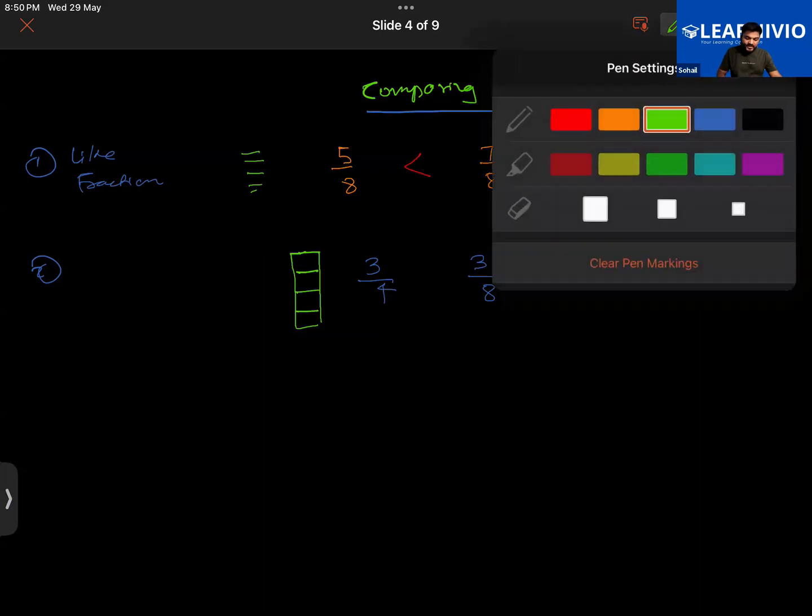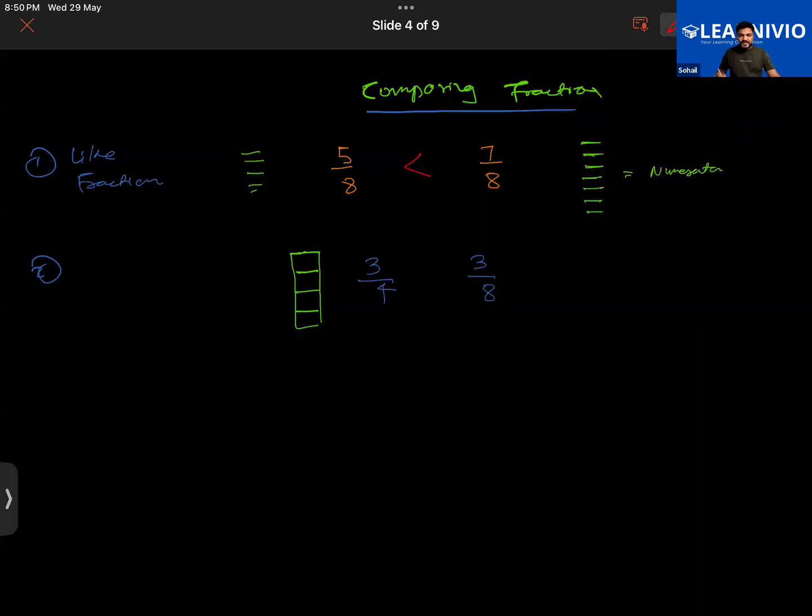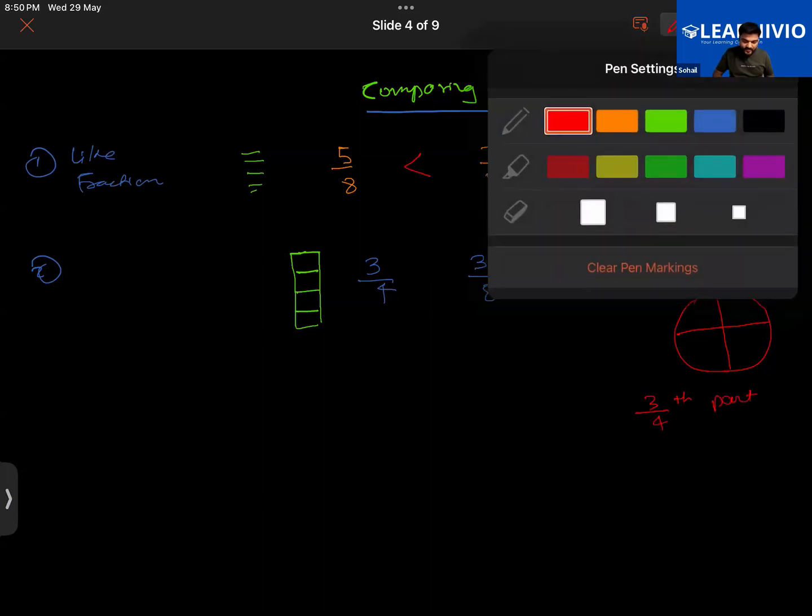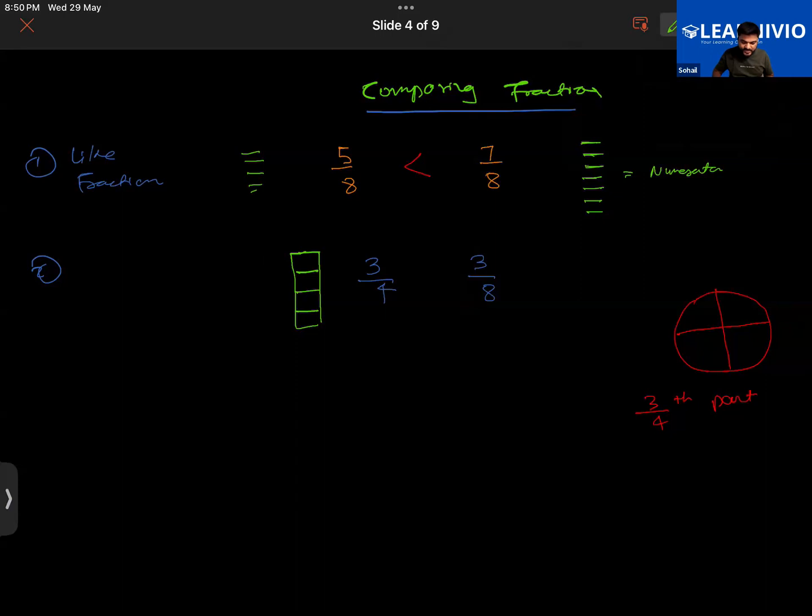We have learned what a fraction is. Say this is a pie, this is a cake, and I ask you to show 3/4 part of it by shading. Try to understand this.